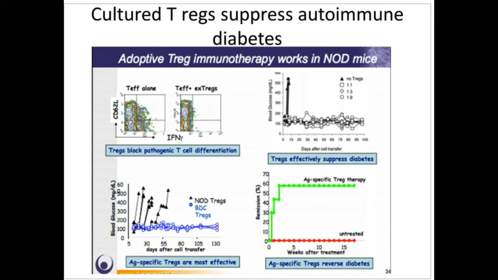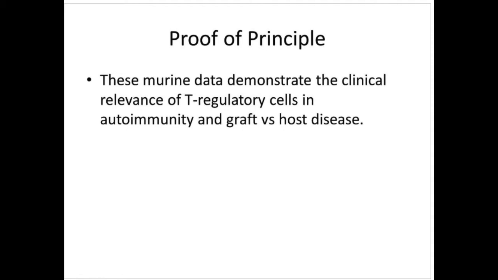So antigen-specific T-regs reverse diabetes by blocking pathogenic T-cell differentiation. This is kind of the proof of principle. These murine data demonstrate the clinical relevance of T regulatory cells in autoimmunity and graft versus host disease.